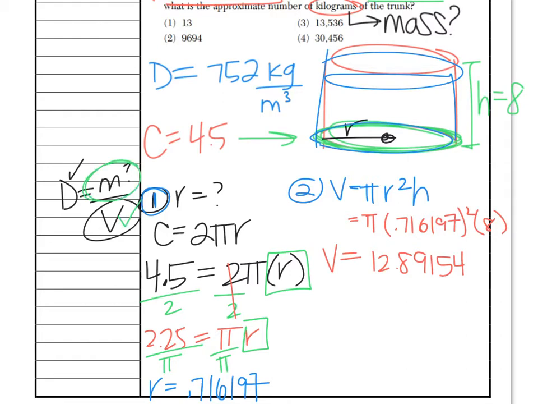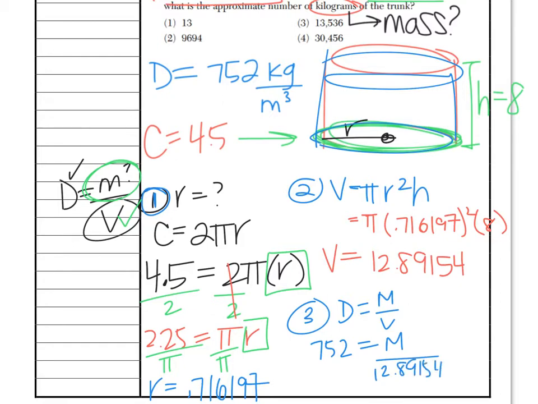Once we know the density and once we know the volume, then we can go back and find our mass. Step 3 is plug into density equals mass over volume. Density is 752, which is equal to the mass, which is unknown, over our known volume of 12.89154. If I put this over 1, then I can simply cross multiply.